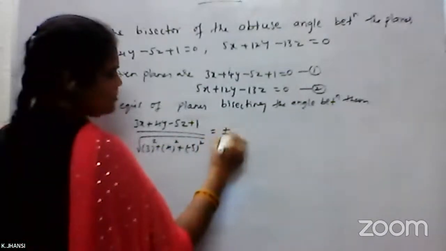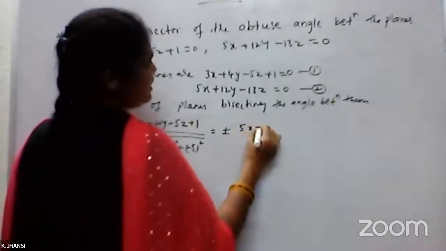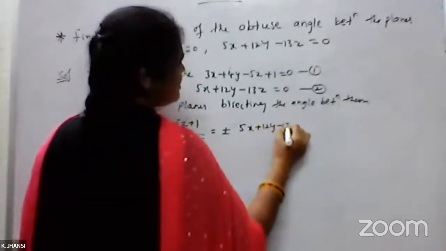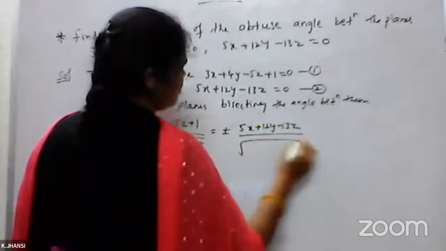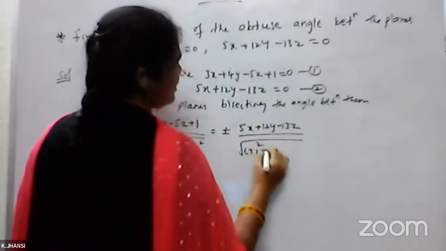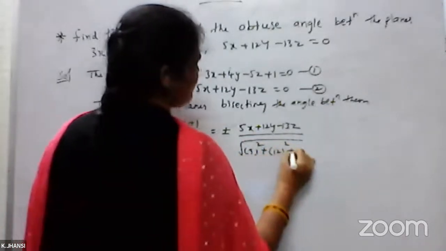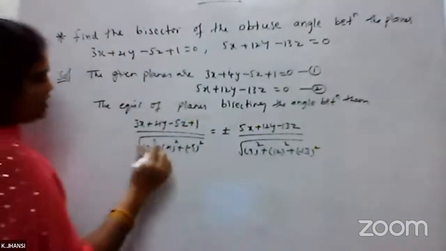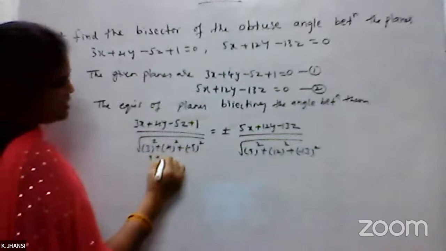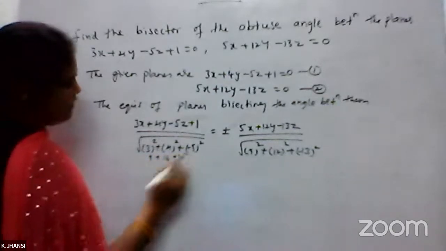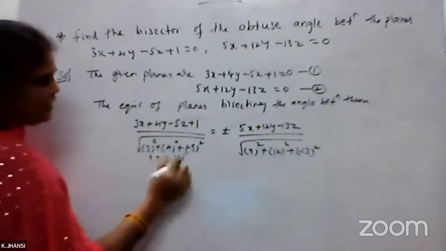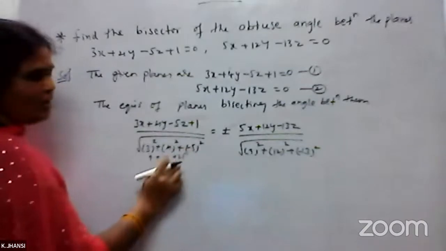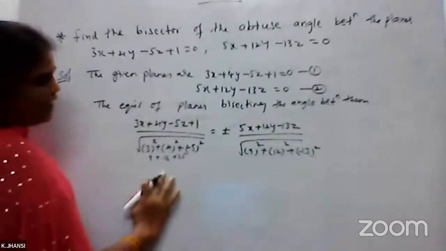It is equal to plus or minus (5x + 12y - 13z) by the square root of 5 square plus 12 square plus (-13) whole square. Okay, so here this is 9, this is 16, and this is plus 25. So 25 plus 25 means you will get 50. 50 you can write as 5 root 2.